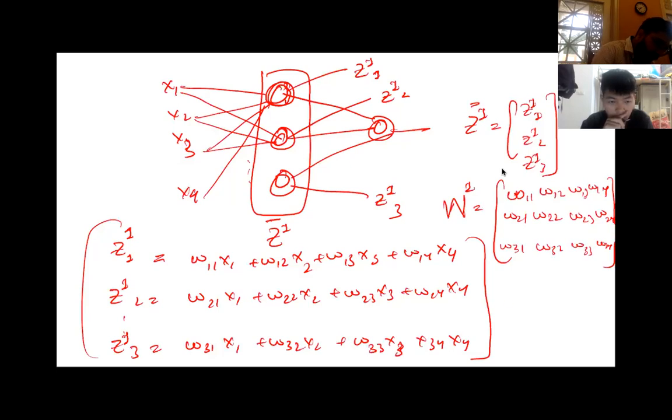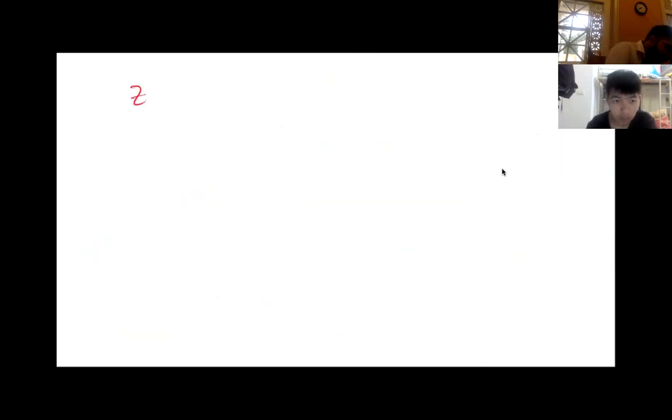And the input X can be X1, X2, X3, and X4. And then based on this, you can write Z1 is equal to W1 X.